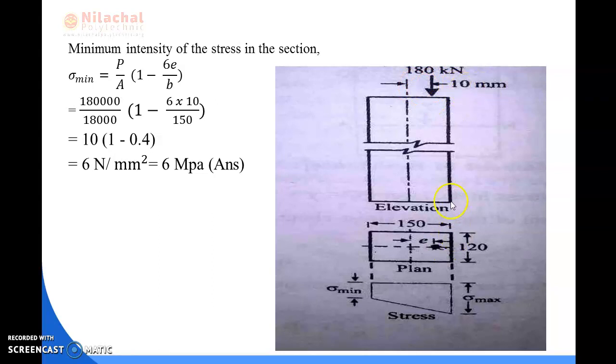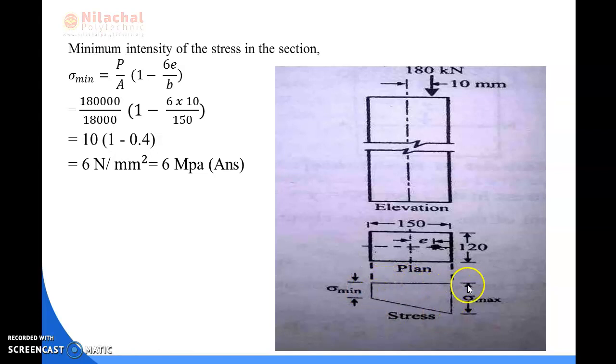Below this elevation we have to draw the plan of the section. Here we can provide the B value and D value of the column section. We know that B of the column section is 150 and D is 120. Hence the stress distribution of the column section is provided with this.